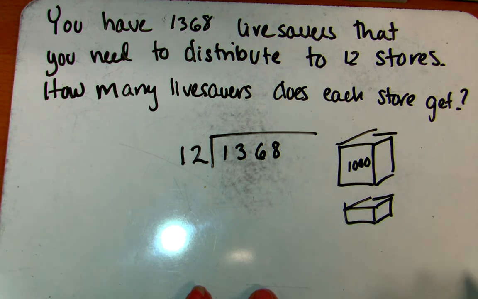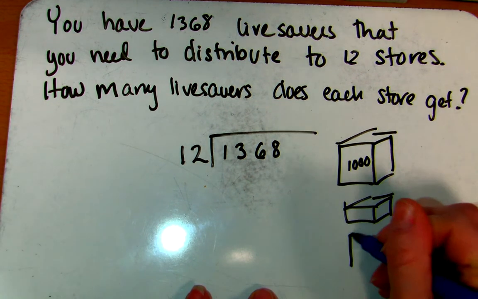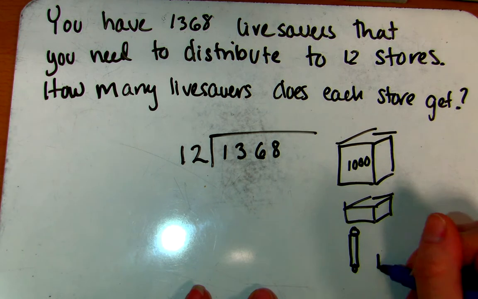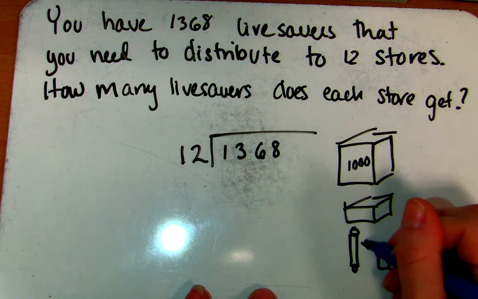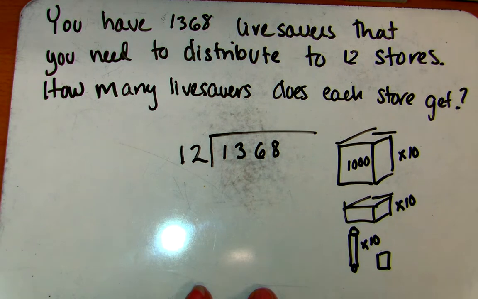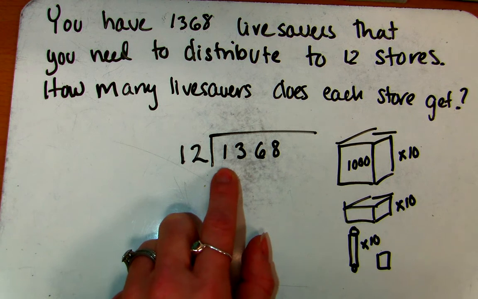Remember, that's a box. And each box has 10 rolls in it, and each roll has 10 Lifesavers in it. So there's a times 10 and a times 10 and a times 10. So our big crates represent the 1,000 Lifesavers. So we know we have one of those crates because the 1 is in the thousands place.